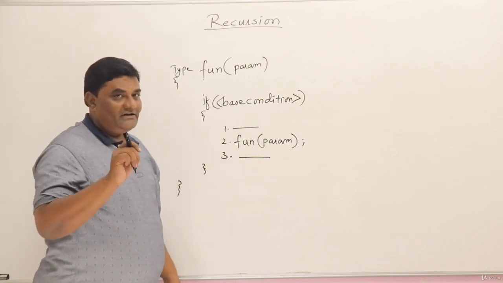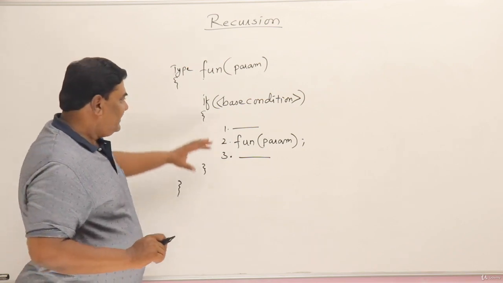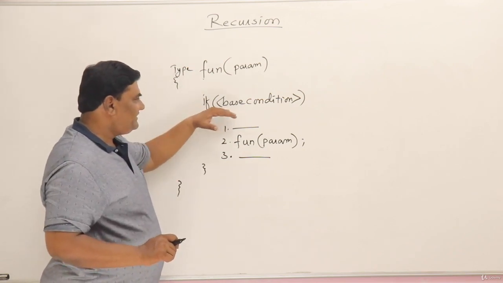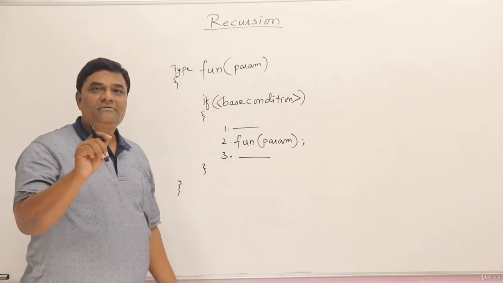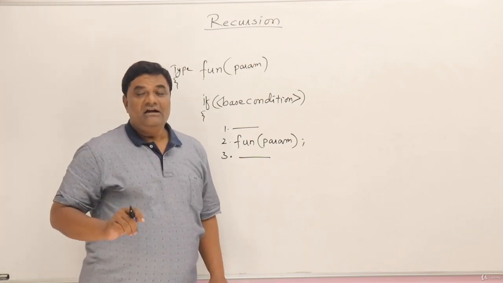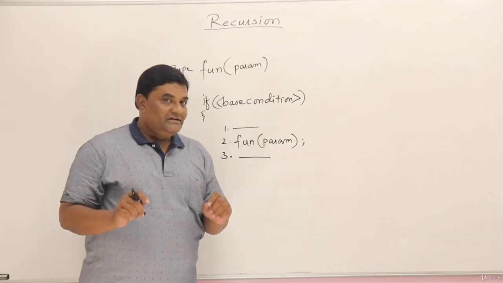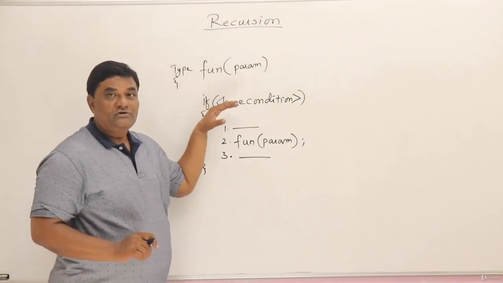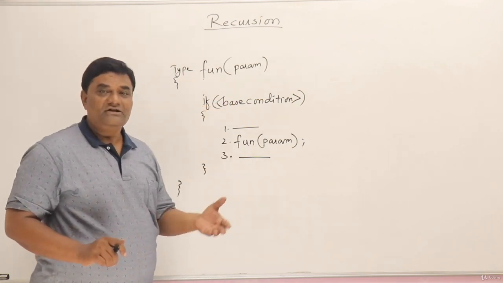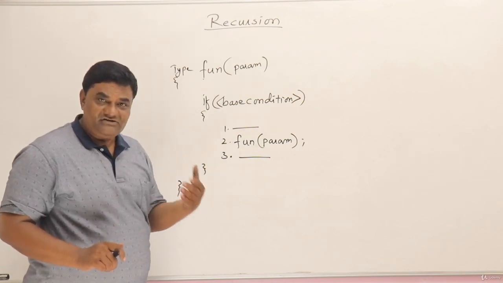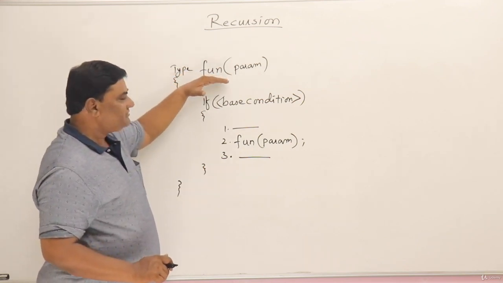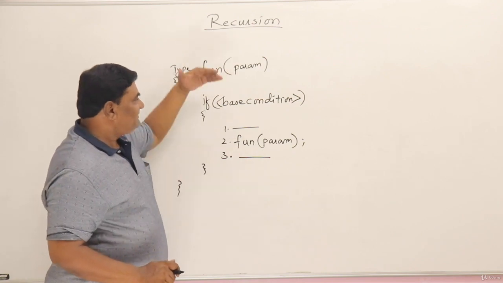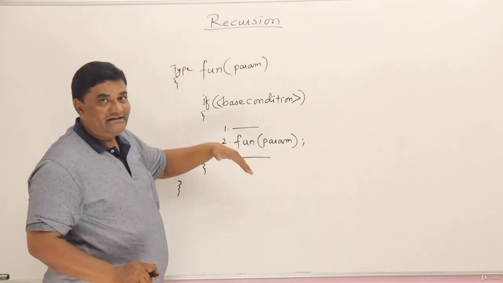Then one important thing inside recursion is, here you can see that this is a base condition. There must be some base condition that will terminate recursion. There must be some method to terminate this, otherwise it will go into infinite calling. First we call the function the first time, then it will call itself, again call itself, again it calls itself.